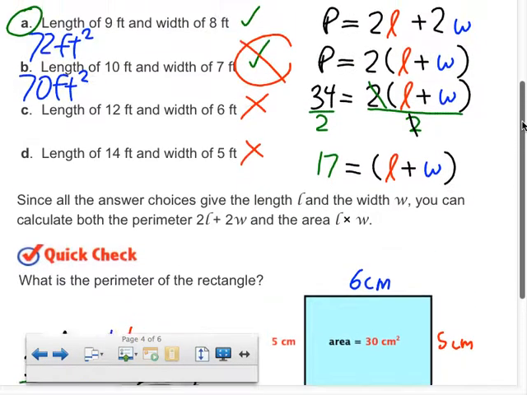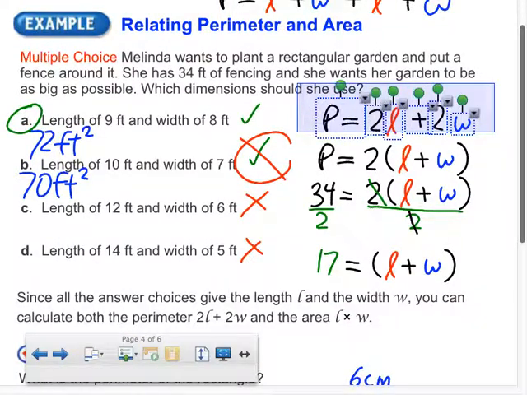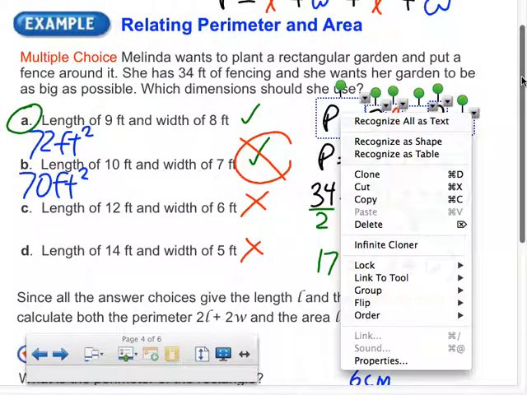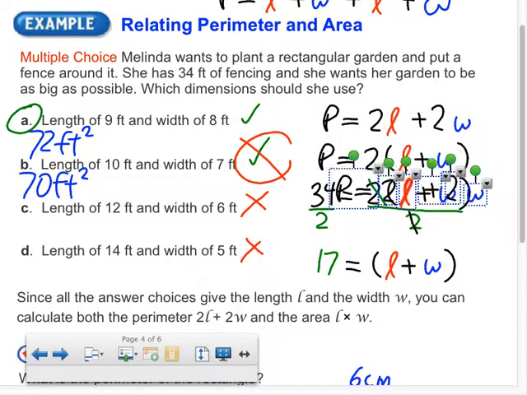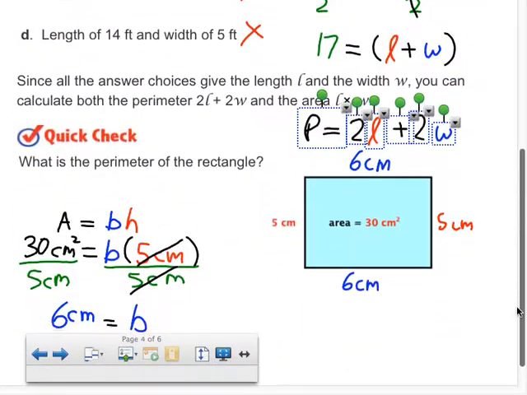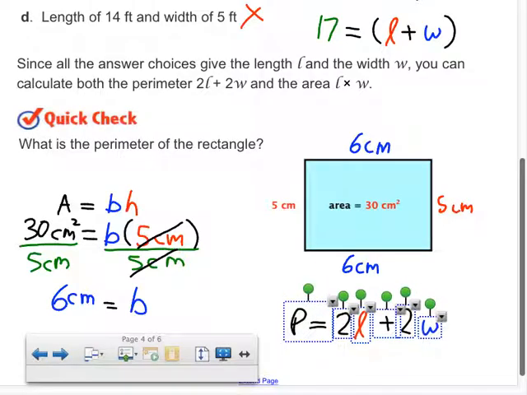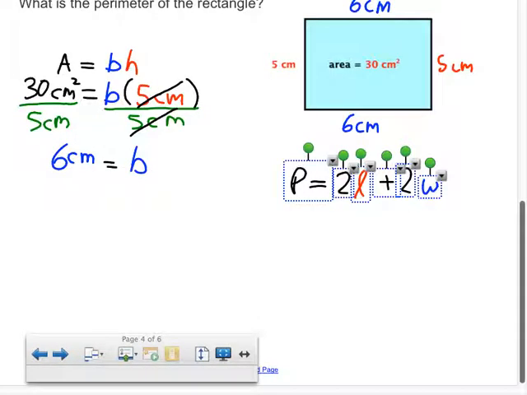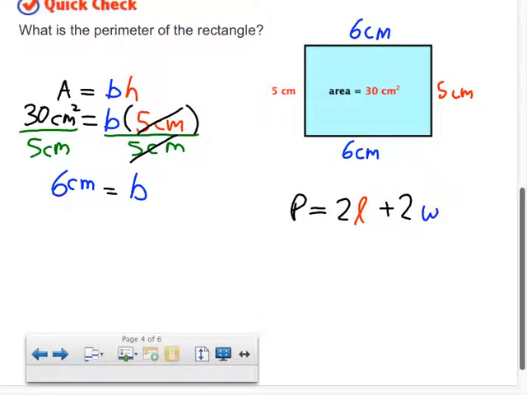It's going to be 22. If you want, we can use this all over again. This is the formula that they're typically going to give you in a textbook. So we're going to use that. Okay, and remember, you can use length and width and base and height interchangeably.